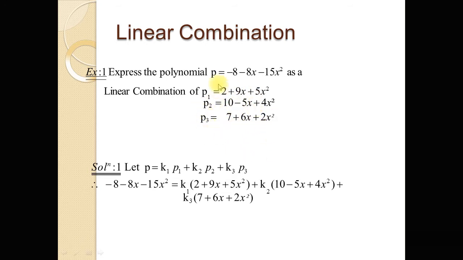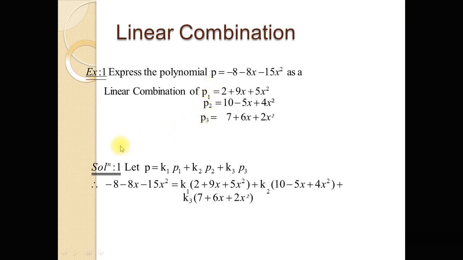In this problem, it is given that p is a linear combination of p1, p2, p3, and we only need to express p as a linear combination of p1, p2 and p3.